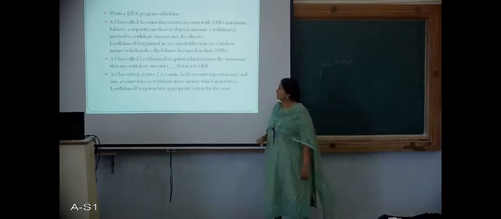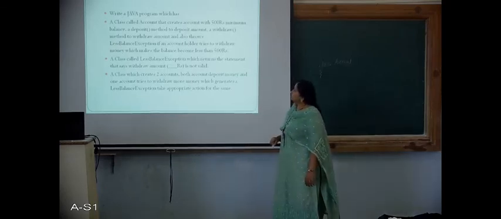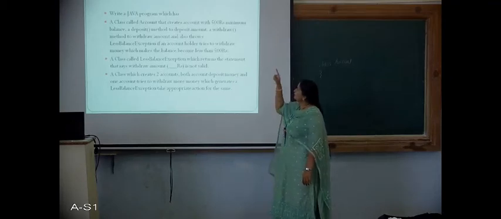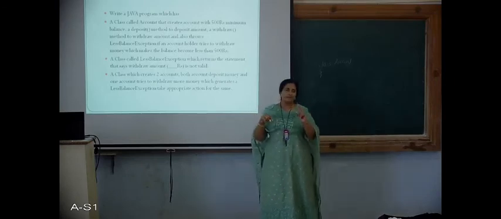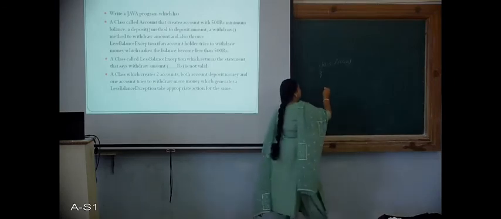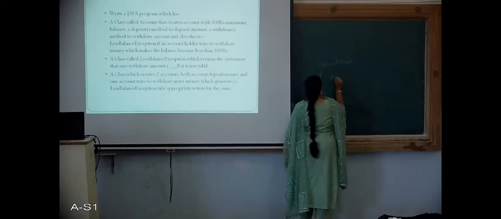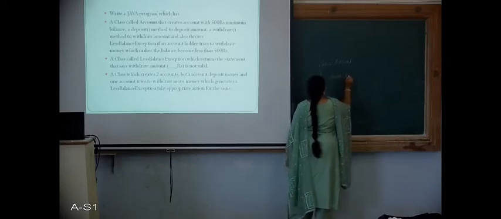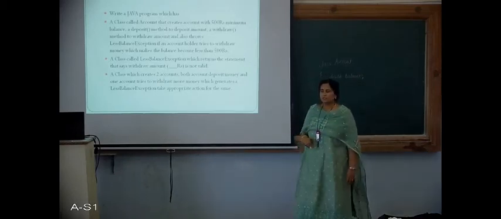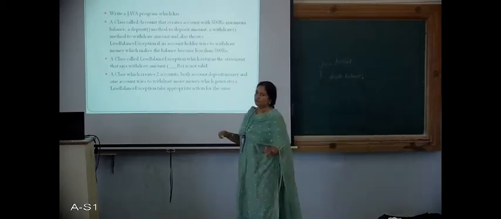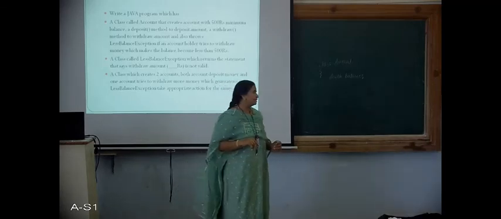So what is the statement here? A class called account that creates account with 500 rupees minimum balance. That means we require one variable. So which is the variable? Balance.